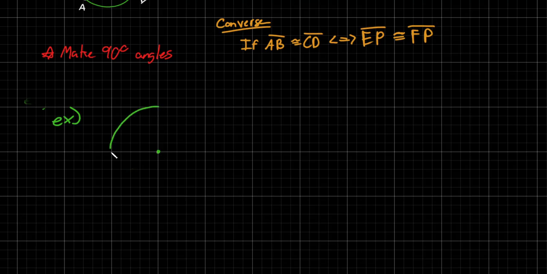We always have a circle. I'm so sick of circles. So we have a chord right there. Let's call this R and S, and another chord over here called U T.